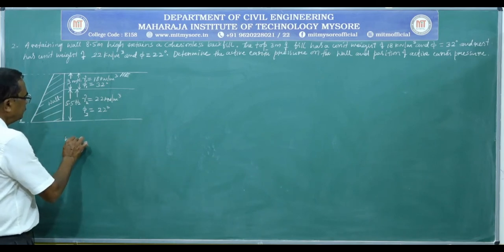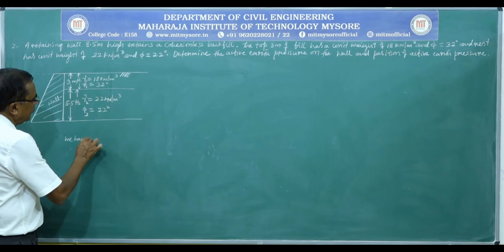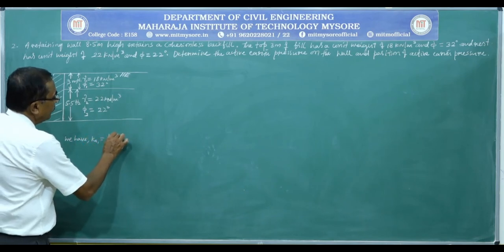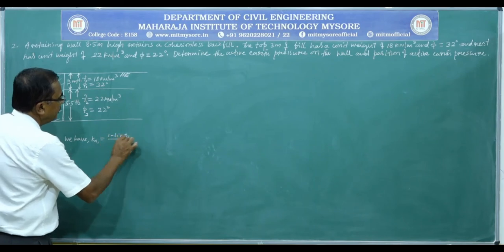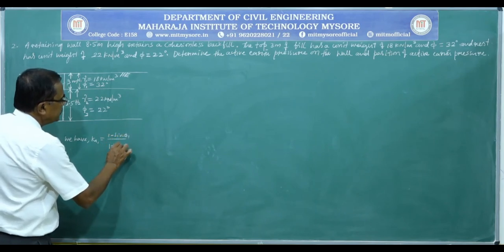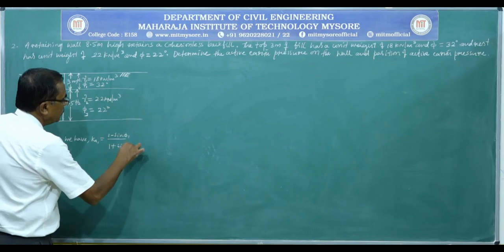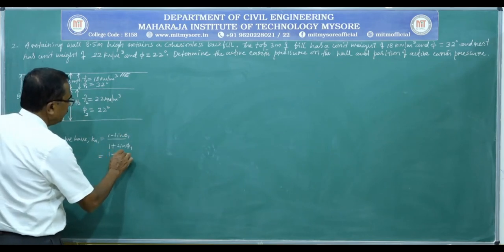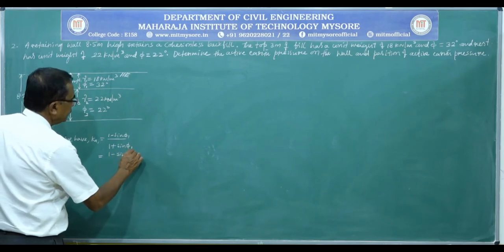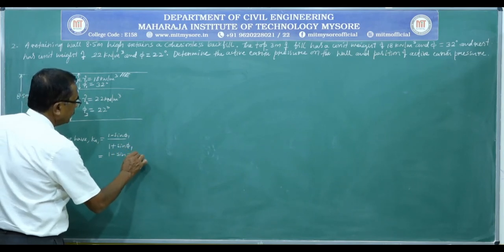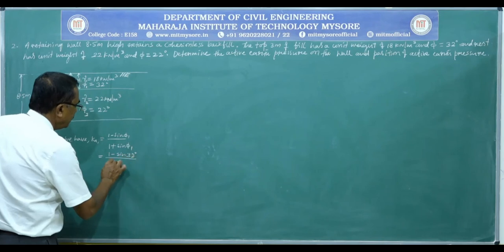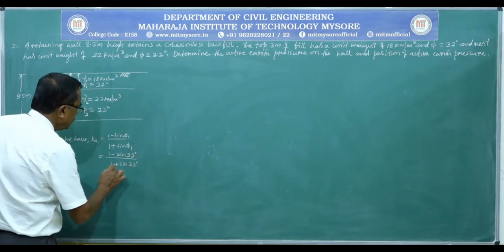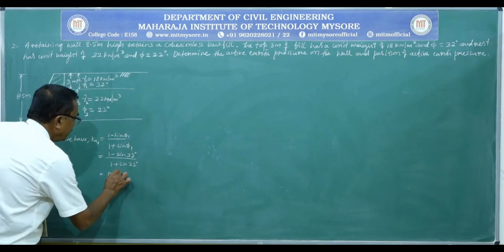We have Ka1 is equal to 1 minus sin phi 1 divided by 1 plus sin phi 1, that is equal to 1 minus sin of 32 degree divided by 1 plus sin 32, that is equal to 0.31.